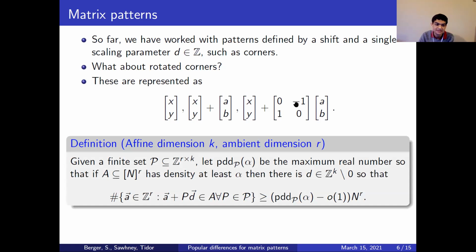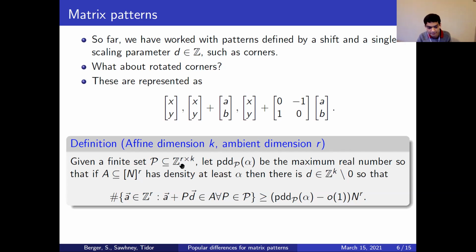So you can see this invokes a very natural notion of matrix patterns now. So now I'll define patterns, or give one way to define patterns that are in affine dimension at most k now, and ambient dimension r. So earlier we were just talking about affine dimension 1.